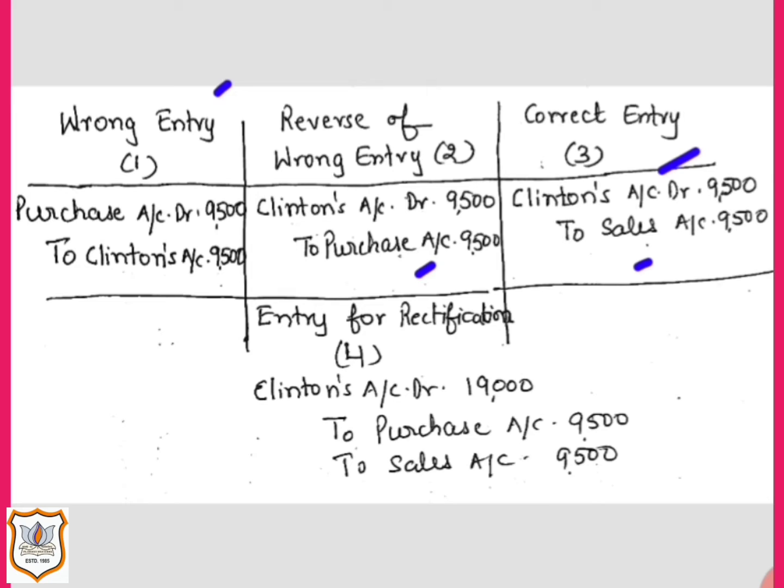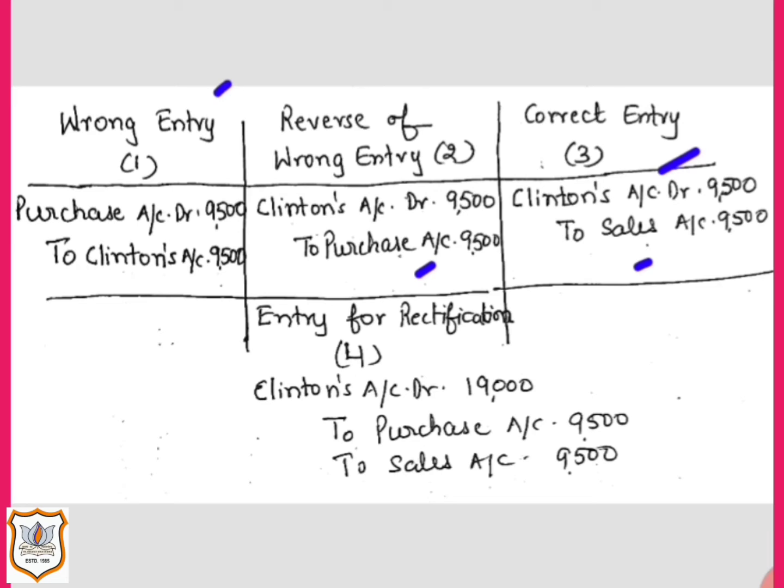Now let us compare step number 2 and step number 3. That means in step 4, we will pass the rectifying entry, which will be the net effect of the correct entry, that is step number 3, and the reverse of the wrong entry, that is step number 2. So the net effect of step 2 and step 3 will be passed. Here it is, as you can see here.